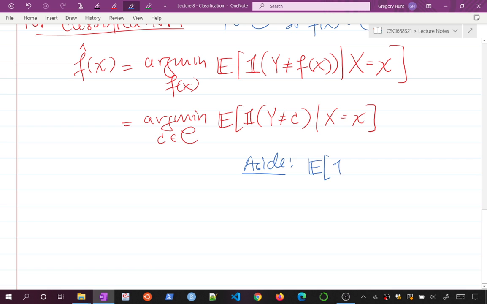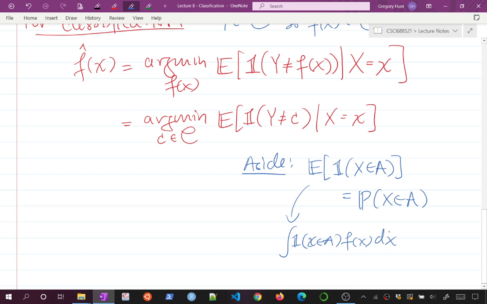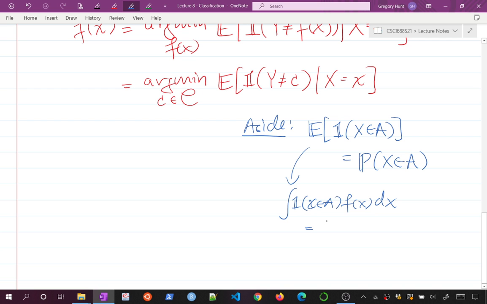I made the argument that the expected value of an indicator that a random variable x is in a set A is just the probability that x is in that set A. That basically comes from a calculus argument: the expectation is the integral of the indicator that x is in A against the PDF, dx, which is the same thing as the integral over just my set A of f of x dx, which we know from 451 is just the probability that we're in the set A.